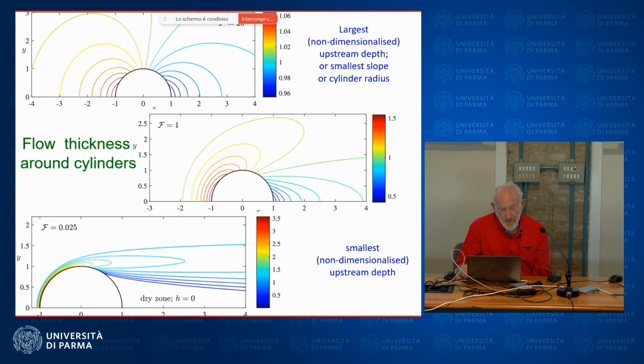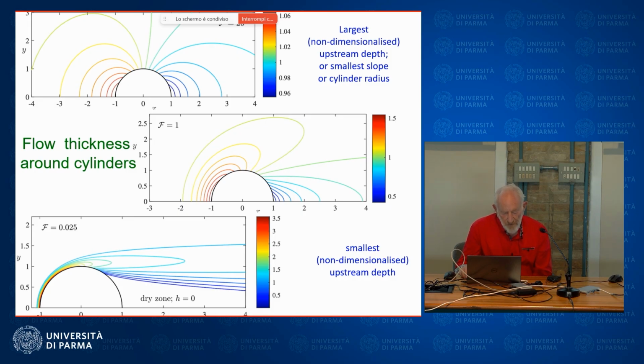If curly F is 20, then it's quite thick and going quite rapidly, and there's nothing really spectacular. But as you decrease F, as you see for F equals 1, the flow pattern is rather different. And when you decrease F sufficiently, again, there'll be a separation from this flow, and you'll have a dry zone.